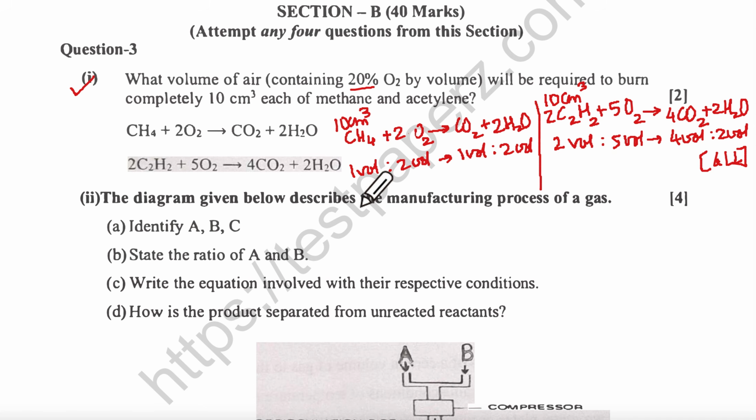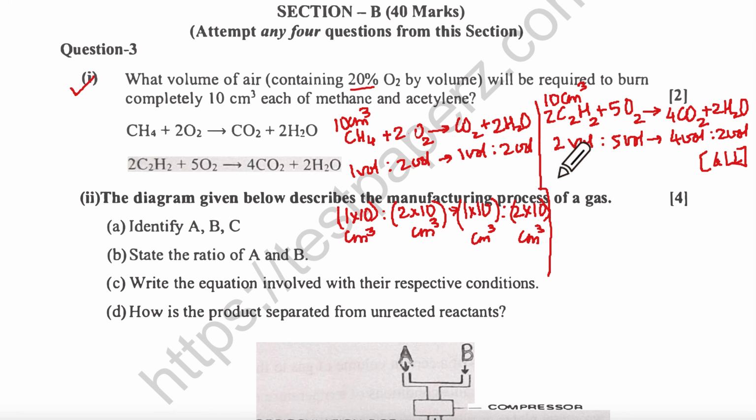So 1 volume is 10, so you'll write 1 into 10 centimeter cube is to 2 into 10 centimeter cube gives 1 into 10 centimeter cube is to 2 into 10 centimeter cube.